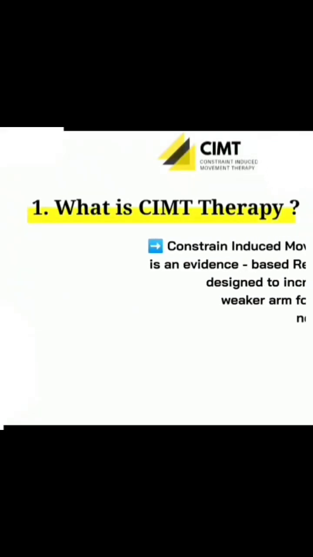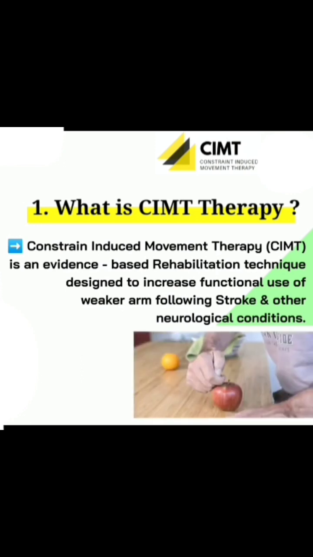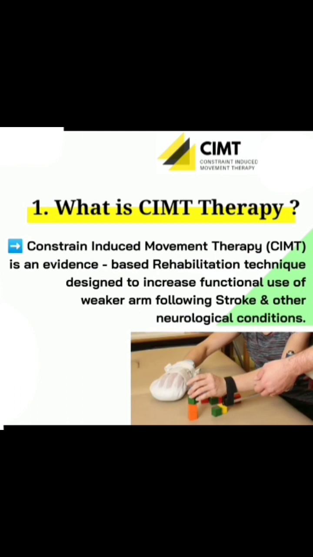So, CIMT, Constraint Induced Movement Therapy, can be defined as an evidence-based rehabilitation technique designed to increase functional use of the weaker arm following stroke and other neurological conditions. This means that in this technique, the arm which is normal has been constrained.